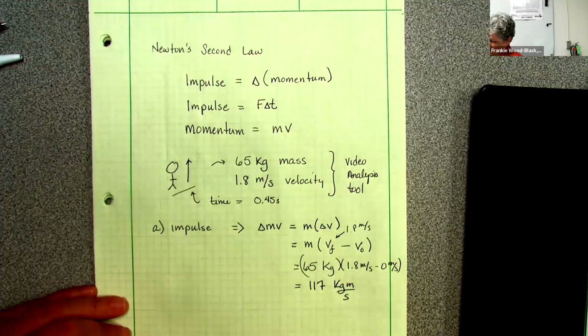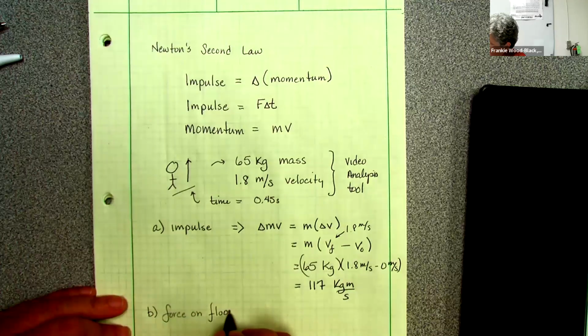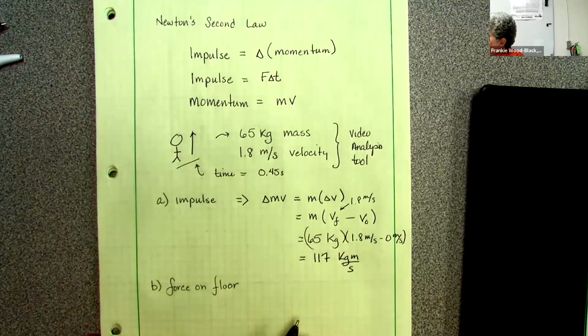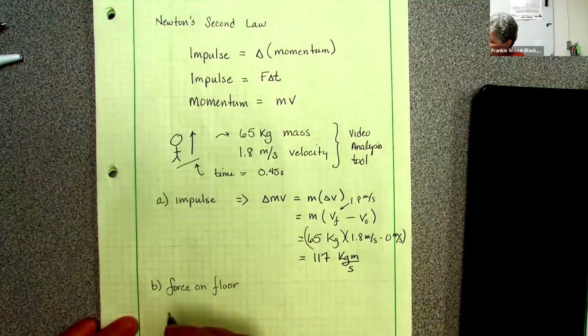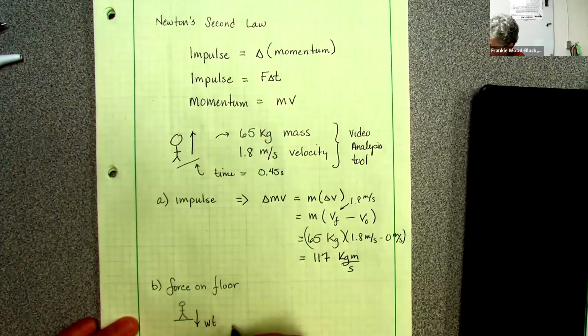So we can also think about the force on the floor. And if we think about this just before the jump, our force on the floor is going to be the weight of our basketball player.